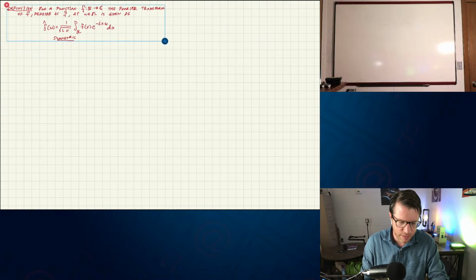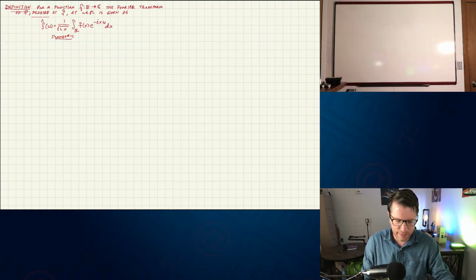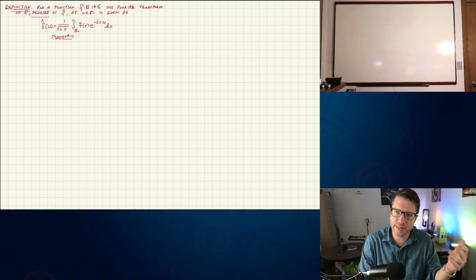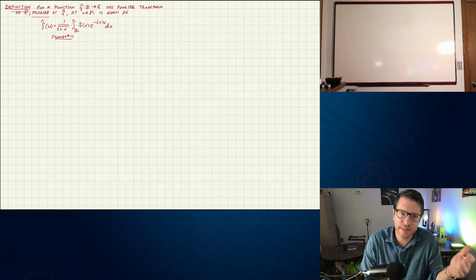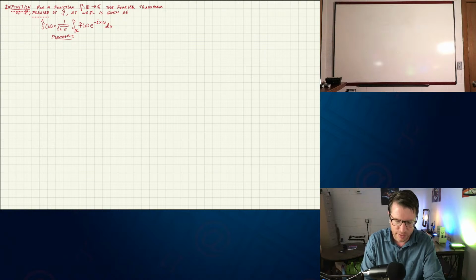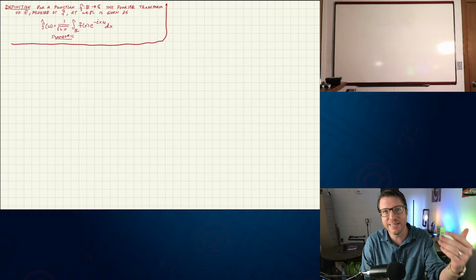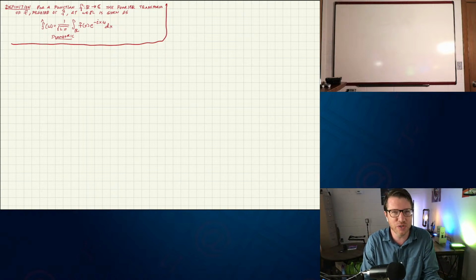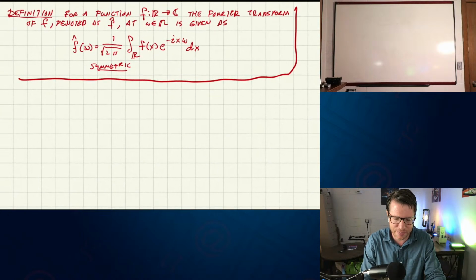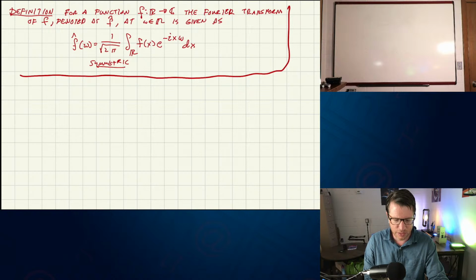So I said that this is defined as the Fourier transform, but the definition only works when it makes sense. Sometimes that integral just doesn't exist, and then you wouldn't really have a Fourier transform at that point. So what we'd really like is to work with a function where we're not too concerned about whether the Fourier transform exists or not.